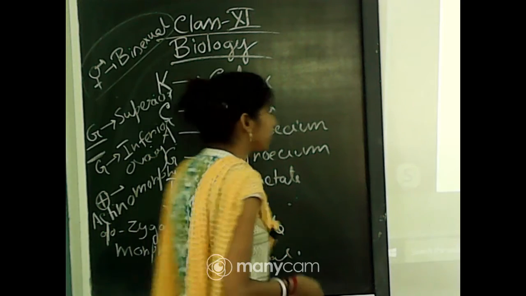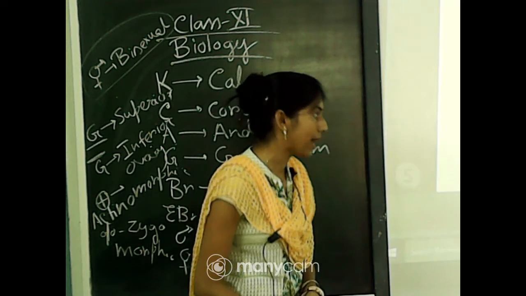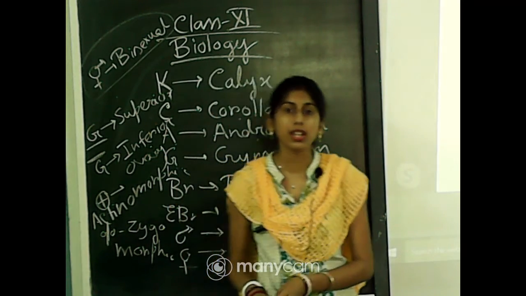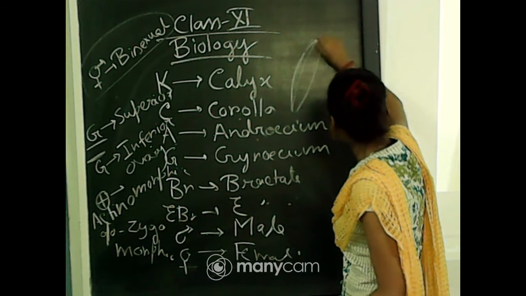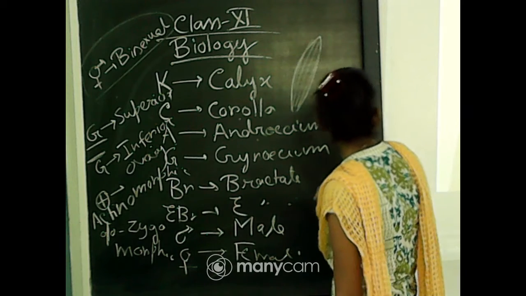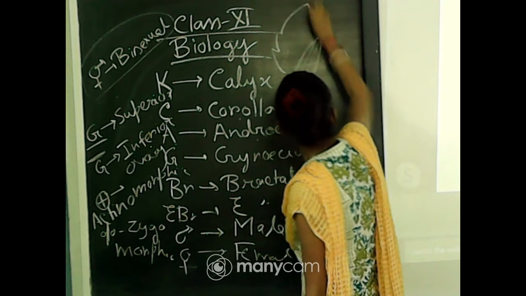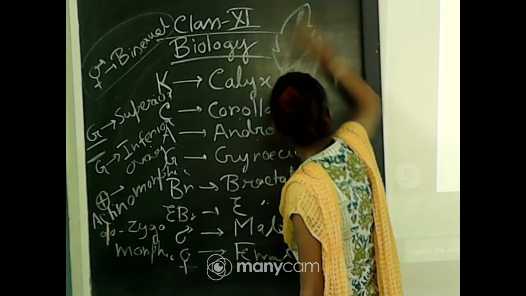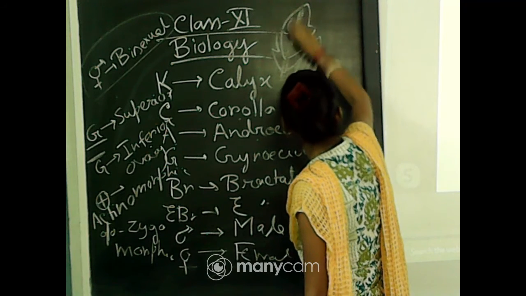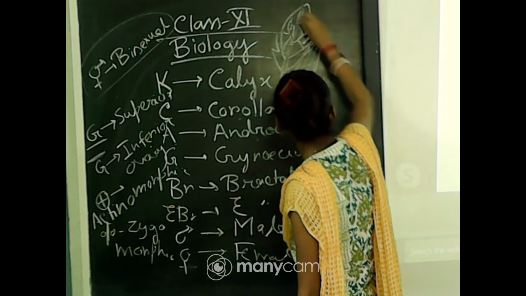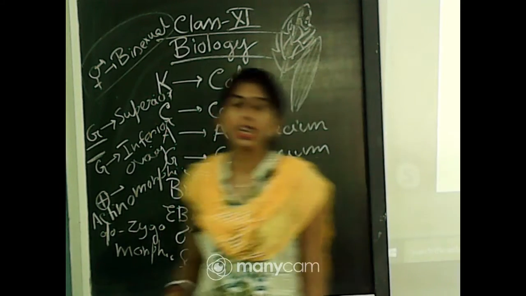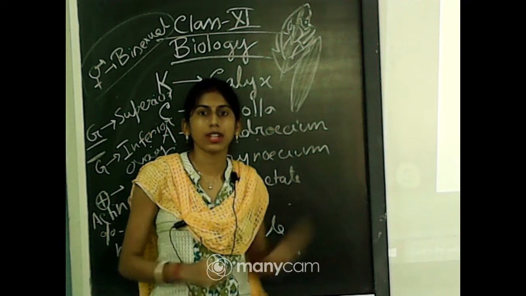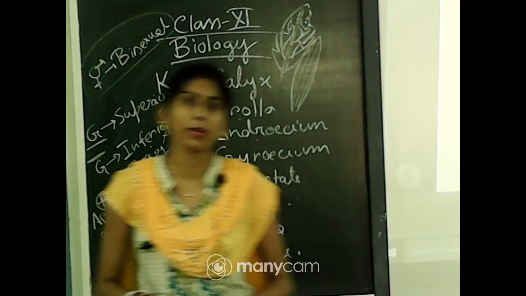You know the differences between parallel venation and reticulate venation? Parallel venation means veins run parallel to each other, and reticulate venation means veins form a network-like structure. In the leaves of the Solanaceae family this reticulate type of venation can be found.